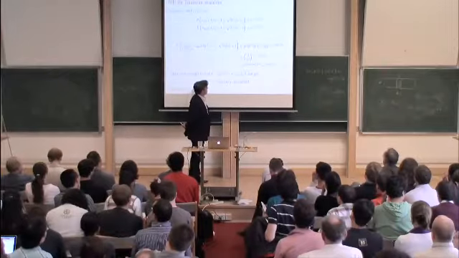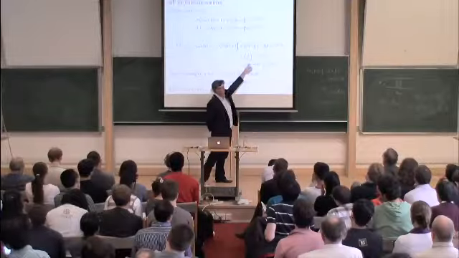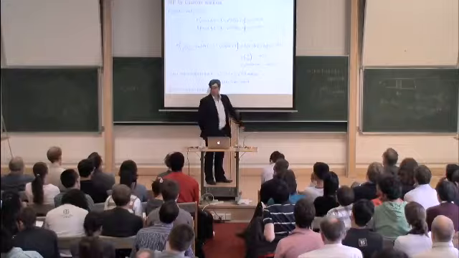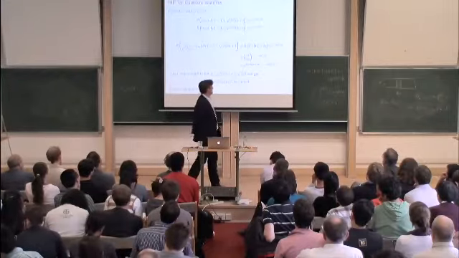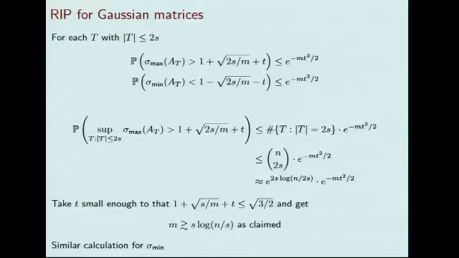Okay, and then I say, well, but how many subsets of columns of size 2s are there? Well, it's n choose 2s. I have an expansion for this. It's essentially exponential 2s log n over 2s. And so from what I see, if this is greater than this, then I will have the restricted isometry property.